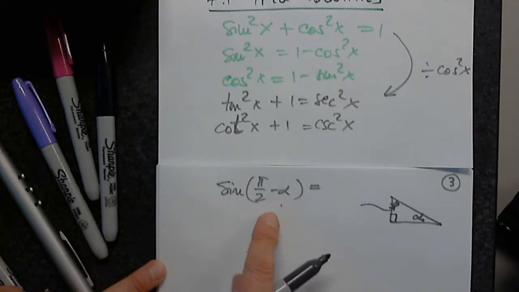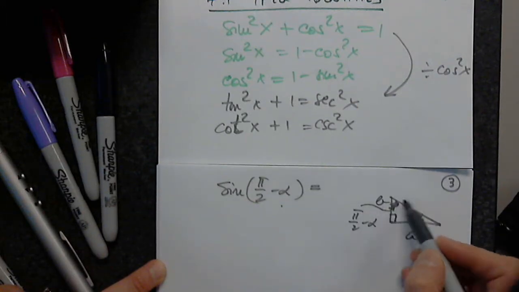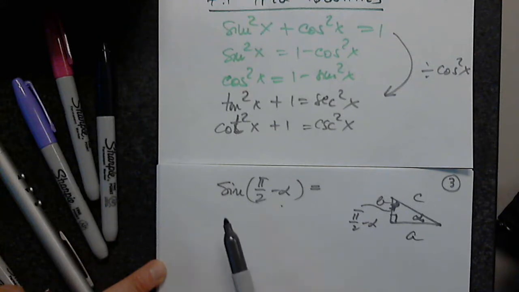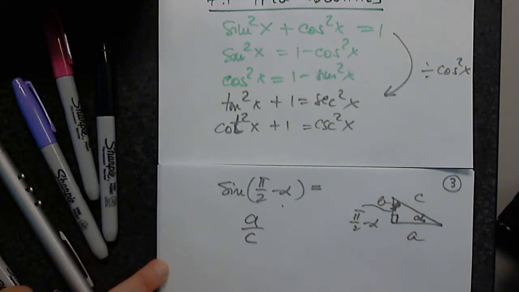Okay, right. Pi over 2 minus alpha. Very good. So let's say this is A, B, and C. So can anyone give us sine of pi over 2 minus alpha? Perfect. What else in this triangle equals A over C? Because they have to be the same. Left and right have to be the same. What else?